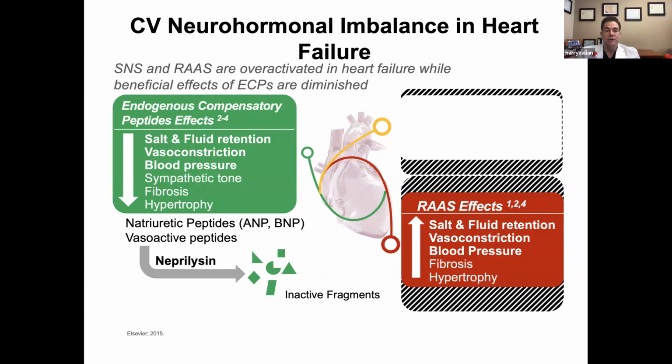All of those are what we want to keep somebody out of heart failure. The red side is the bad side, where you have the deleterious effect, and this is due to the neurohormonal activation causing the renin-angiotensin cascade, and ultimate end products being aldosterone, causing vasoconstriction, salt and fluid retention, and then increase in blood pressure, increase in arterial fibrosis, and hypertrophy.